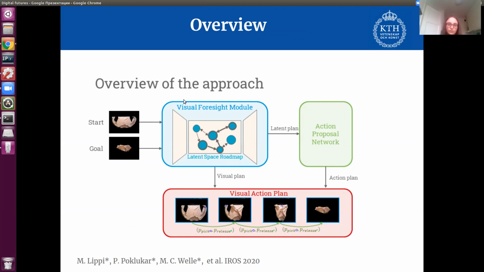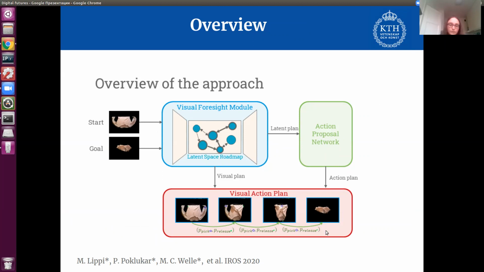We compute a state space representation in the latent space of a variational autoencoder. And then we build a graph-like structure in this latent space that basically just indicates connectivity between different states. So our states are connected by actions, and this map just shows us how we can move between different states. And then we just use it for planning. And in this case, planning becomes a simple graph search in this representation.